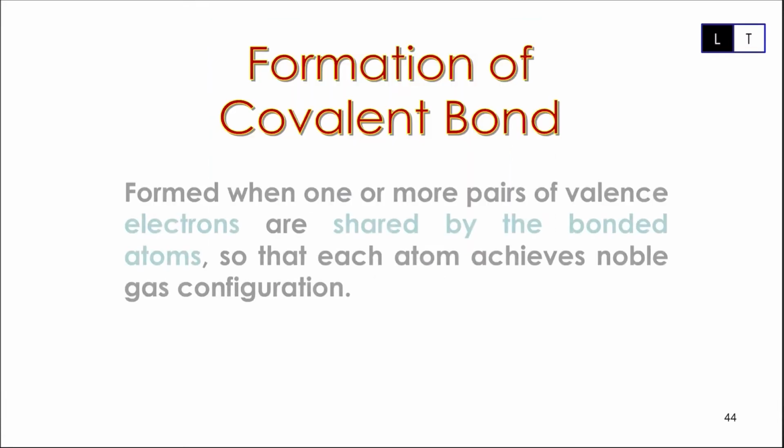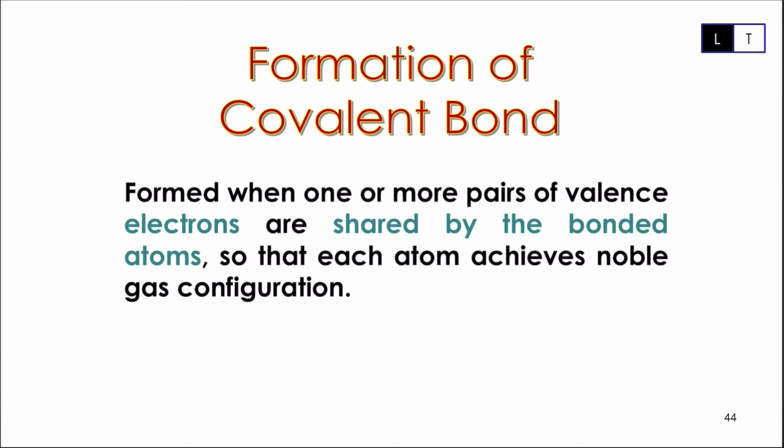Covalent bond forms when one or more pairs of valence electrons are shared by the bonded atoms, so that each atom yang berkongsi tersebut achieves noble gas configuration. For example, I have two hydrogen atoms here with each of them one dot symbol because the valence electron for hydrogen is 1, and you have two hydrogen atoms, so you put plus in the middle of them.